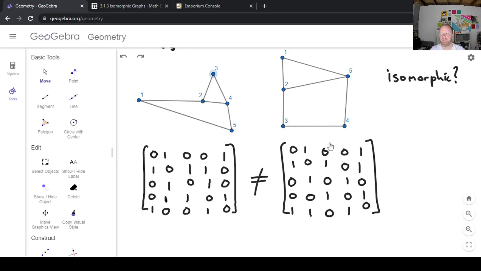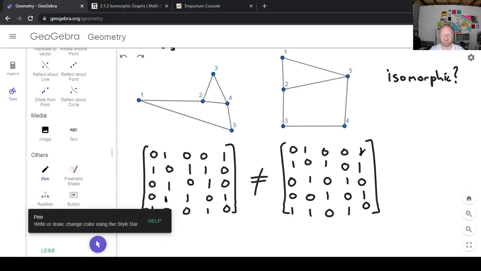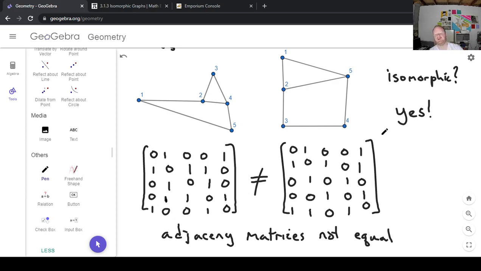So yeah, these are isomorphic, and we can show that just by moving these vertices around. So just because the adjacency matrices aren't equal doesn't mean that they're not isomorphic.